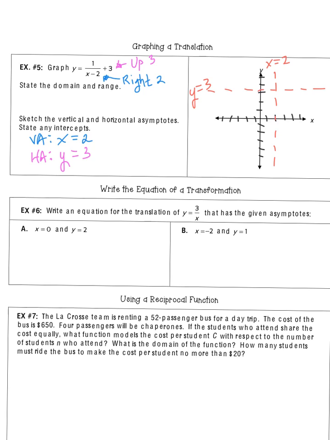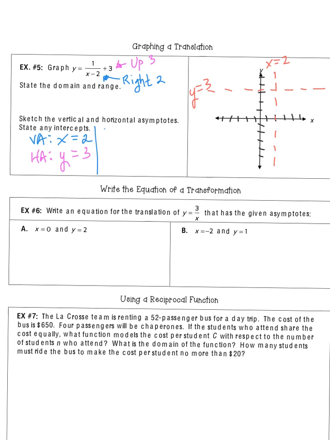And so since I don't have a reflection, I know my branches are going to be here and here. So we are going to get an x and y intercept as well. So that's something that you need to learn to figure out. So let me go ahead and show you how to find that here.